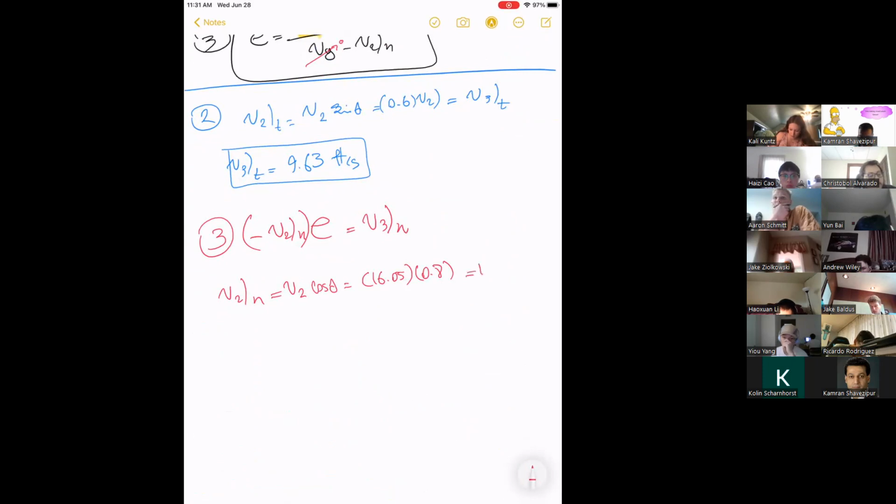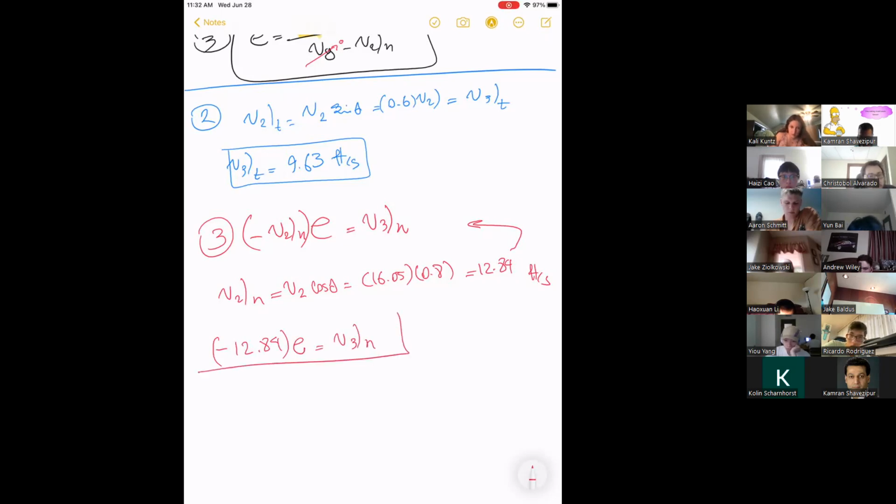Which gives you 12.84 feet per second. I'm going to substitute here. So we're going to get minus 12.84 times e is V3n.